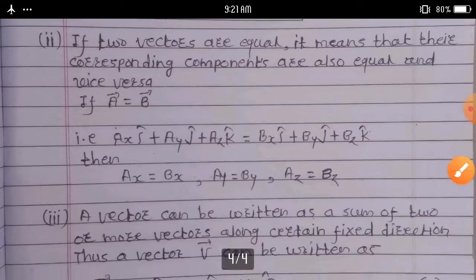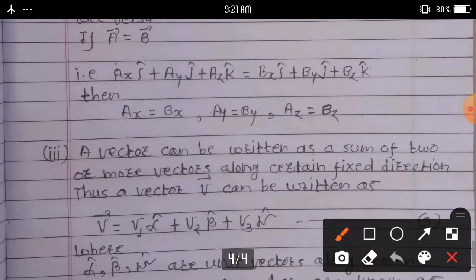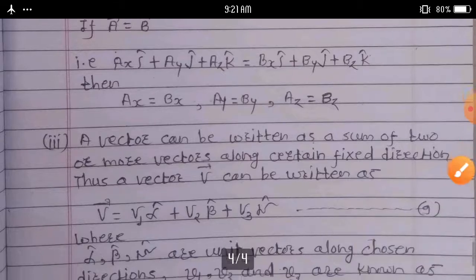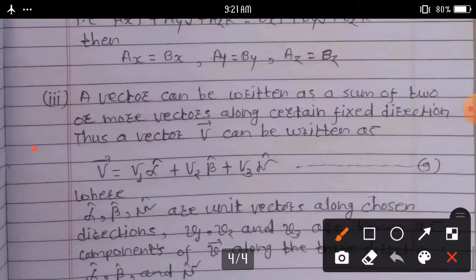And the third note we can prepare here: a vector can be written as a sum of two or more vectors along certain fixed directions. Thus a vector v bar can be written as v bar is equal to v1 alpha cap plus v2 beta cap plus v3 gamma cap. Consider equation number 9.